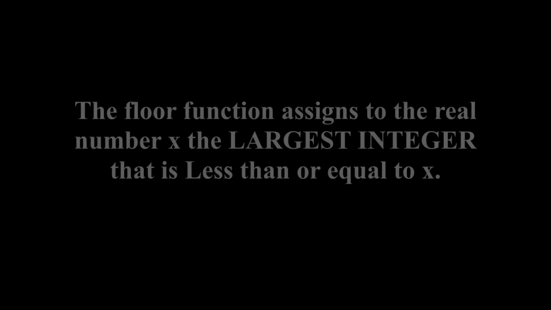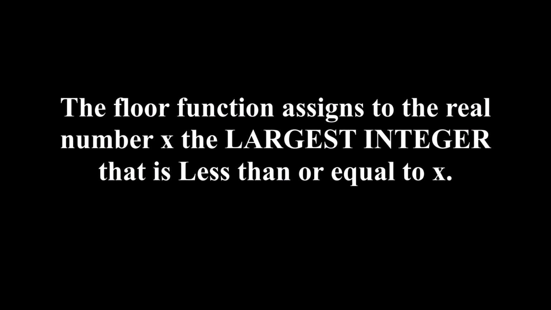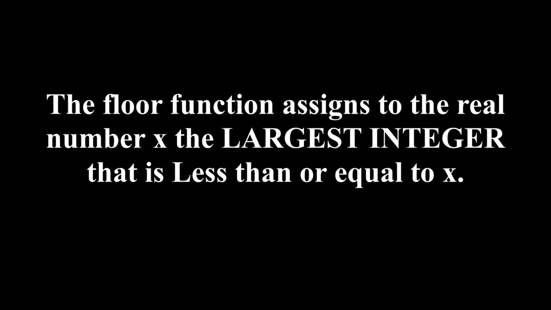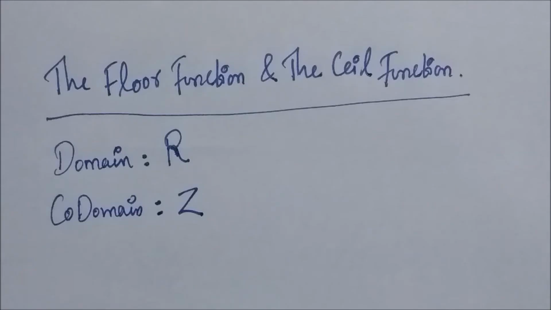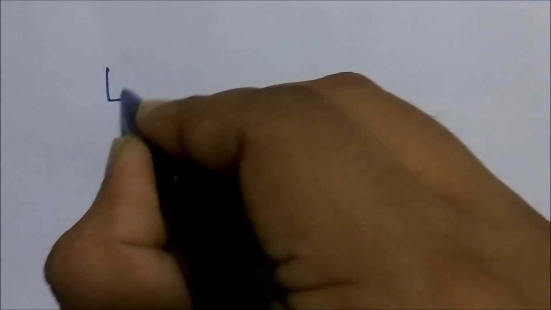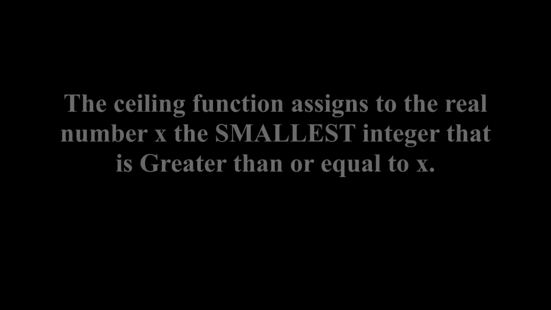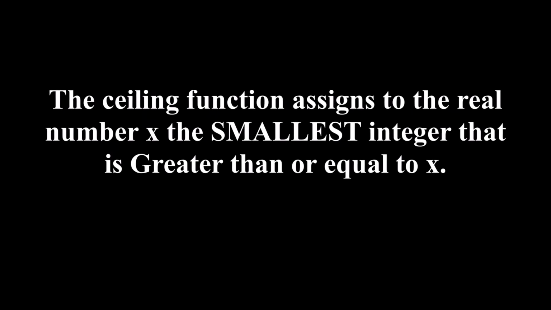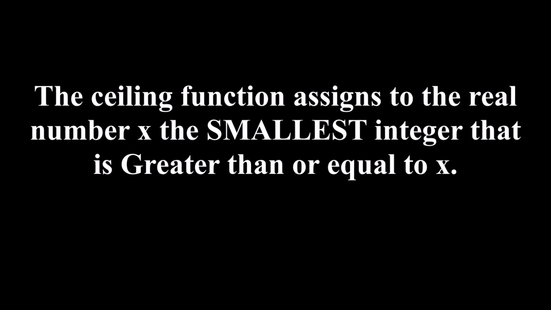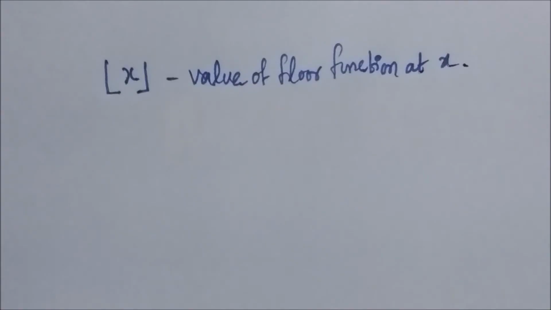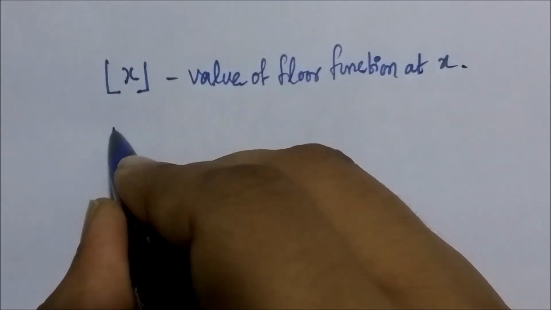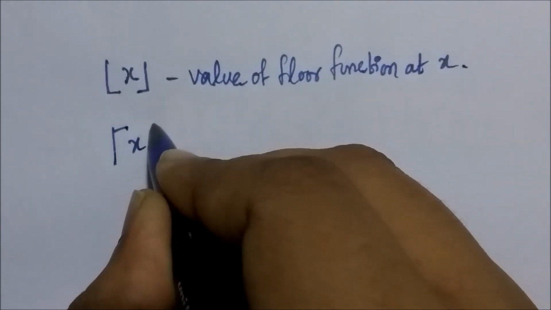The floor function assigns to the real number x the largest integer that is less than or equal to x, and the value of the floor function at x is denoted this way. The ceiling function, or the ceil function, assigns to the real number x the smallest integer that is greater than or equal to x. The value of the ceiling function at x is denoted this way.